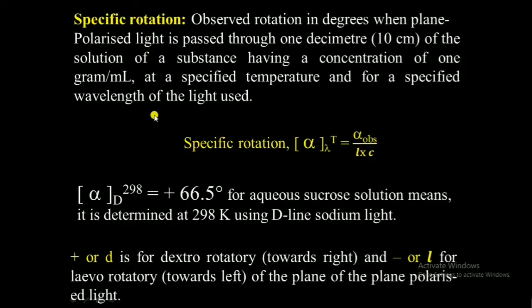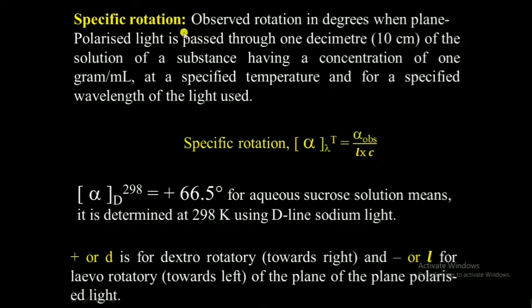Specific rotation is the observed rotation in degrees when plane polarized light is passed through 1 decimeter, that means 10 centimeters, of a solution of a substance having a concentration of 1 gram per ml, at a specified temperature and for a specified wavelength of the light used.